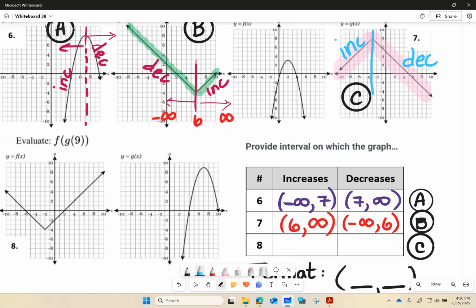That's at what? -3, right? So it's -3 left and right. So it increased to the left of -3. So from negative infinity to -3, it increased, and it decreased from -3 to positive infinity.